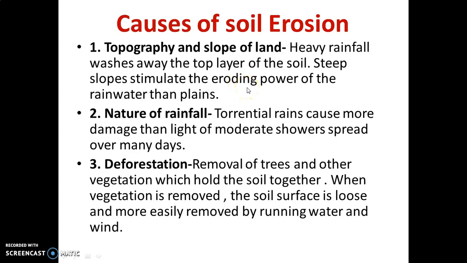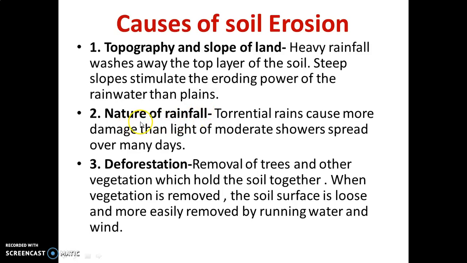So the first layer will become soft and loose, and the top part of the mountain will fall down. In the same way, erosion will be more active on the steep slope of the mountain compared to the plains.